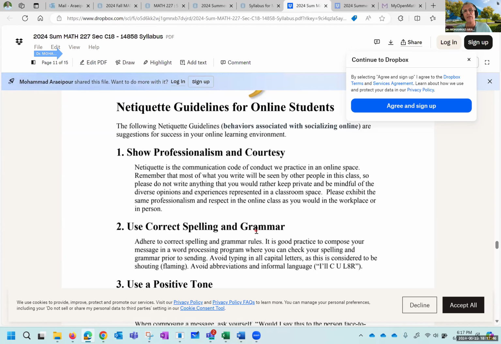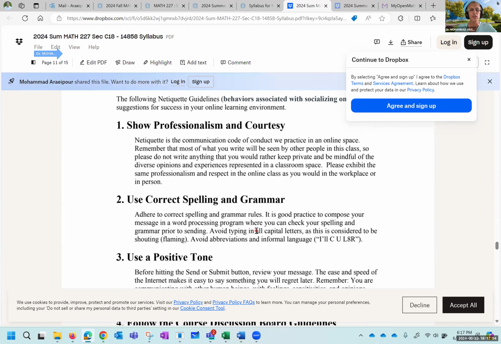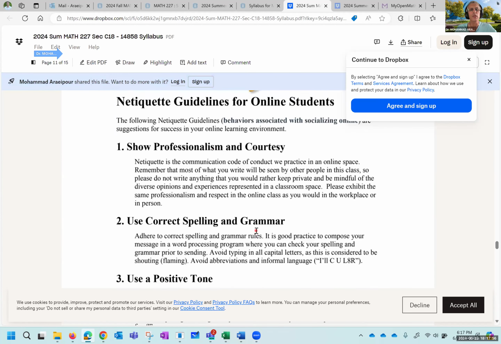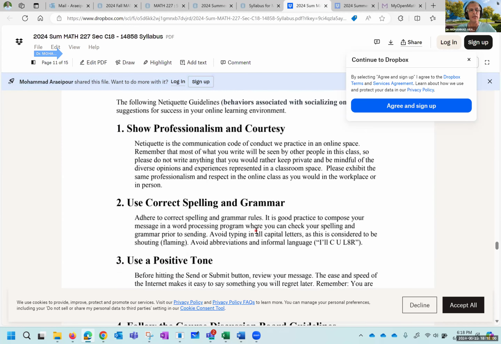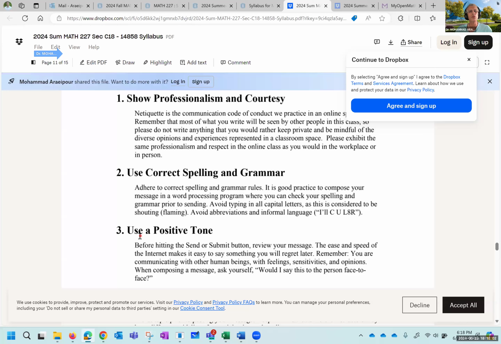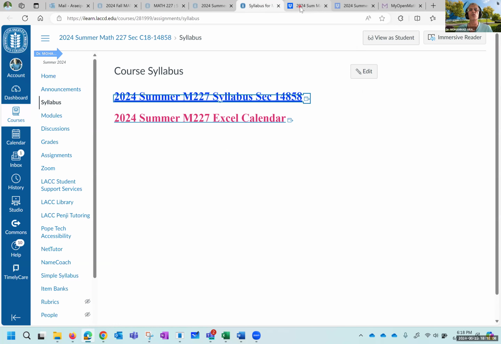When you send an email, make sure you have a subject line. In the subject has to be your course and section number. And then when you write them, use proper spelling and grammar. In short, use a positive tone. So again, that was the syllabus. You can always go back and check it out again.